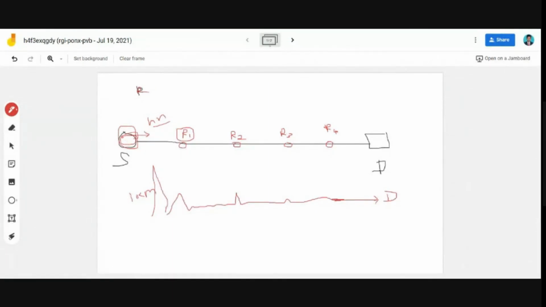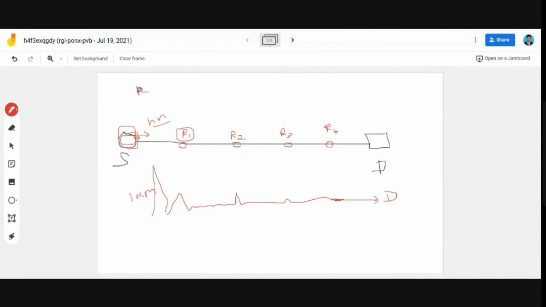I'm going to send the signal from source to destination through R1, R2, R3, R4. These are the repeaters, placed at 50-meter distances.